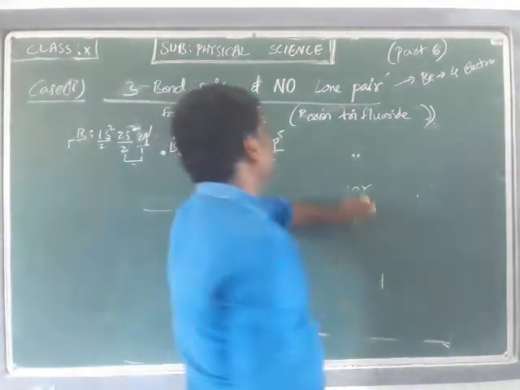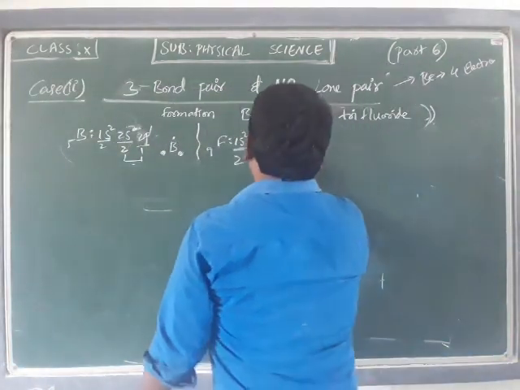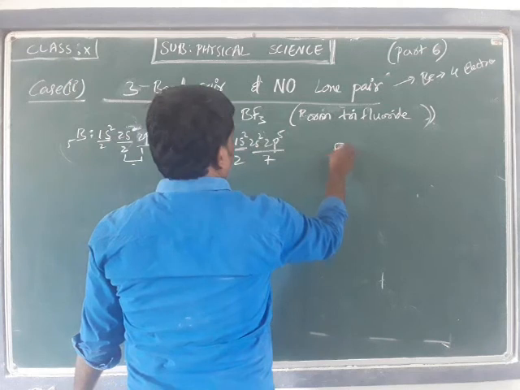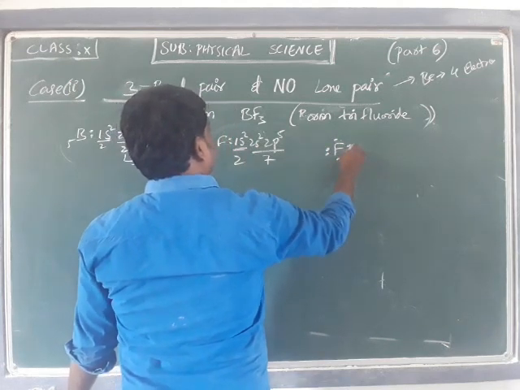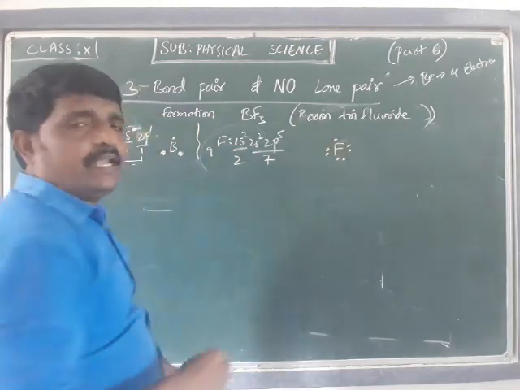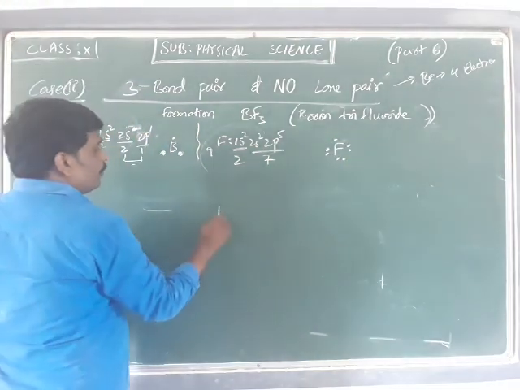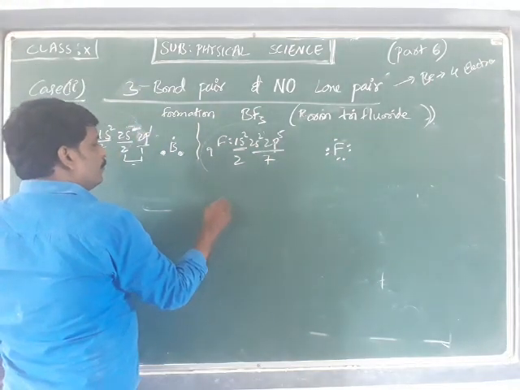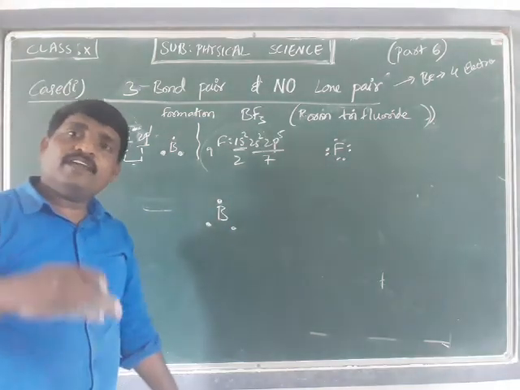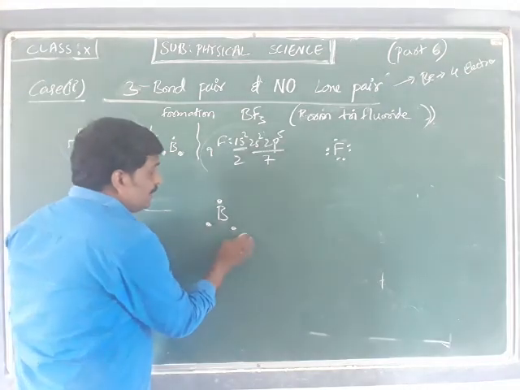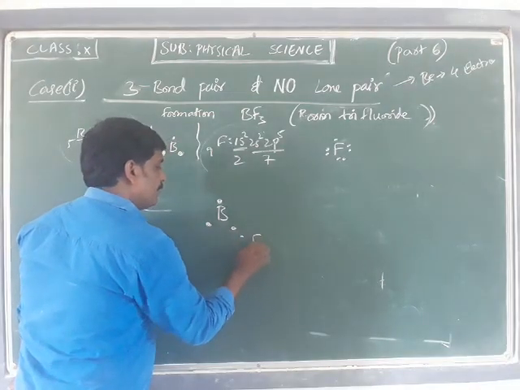This total is taken as terminal fluorine, that is 1, 2, 3, 4, 5, 6, 7. So 1 electron is a shortage to complete that. So boron can have the ability of giving 3 electrons. So 3 fluorines are required.